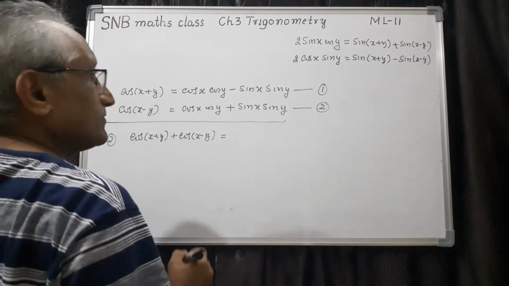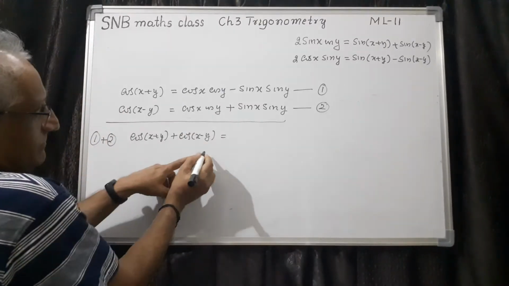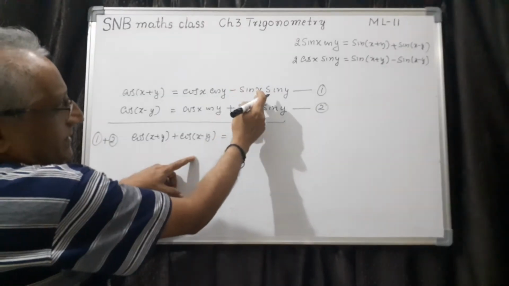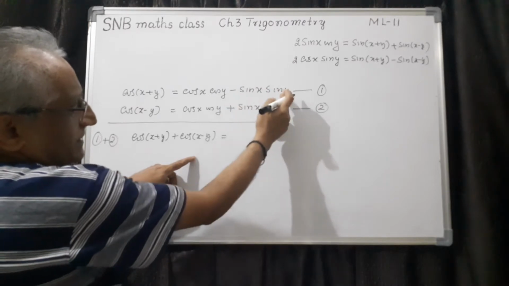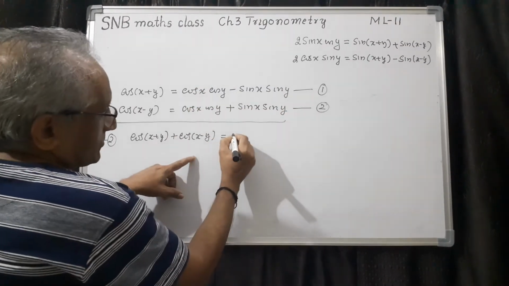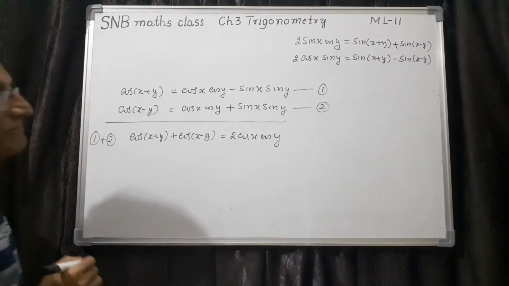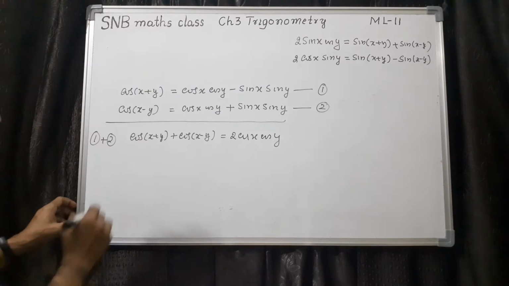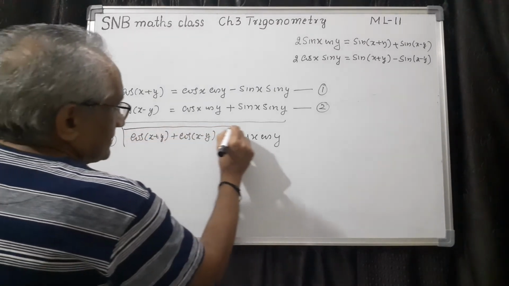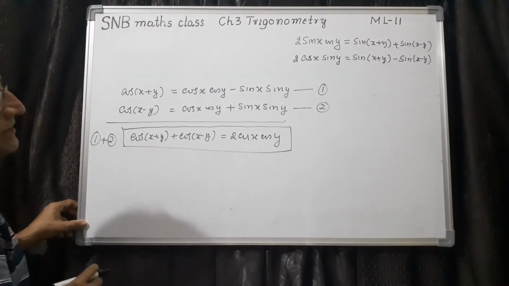On the right hand side, plus sin x sin y and minus sin x sin y cancel, so these two will be the same. So it is 2 cos x cos y. So this is the formula. You can remember it as a formula: sum is converted into product.